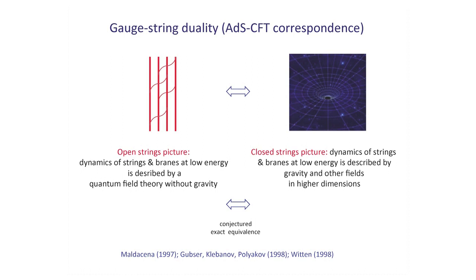You squeeze this whole thing beyond the horizon radius, and now you have a closed string picture. Dynamics of strings and branes at low energy is described by gravity and other fields in higher dimensions. The AdS-CFT correspondence is a conjecture, despite the fact that it has survived many tests. It is not proven. The conjecture is that this side is exactly equivalent to this side. It was put forward by Maldacena and then developed by Gubser, Klebanov, Polyakov and Witten in 1997, 1998.